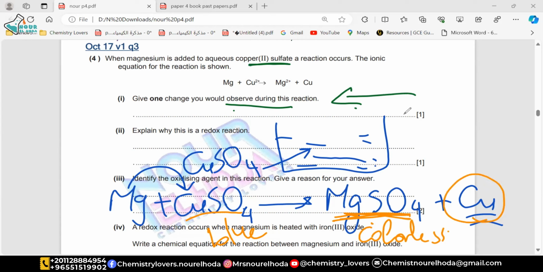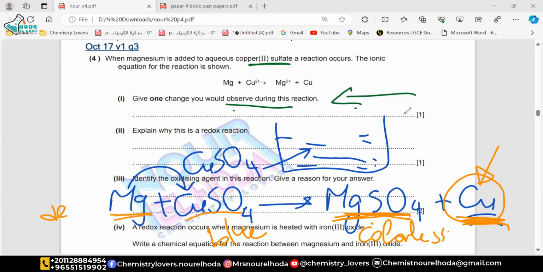Observation number 2: copper as a metal is going to be formed. What's the color of the copper? It's a pink brown substance. So I'm going to find a brown solid or pink brown solid formed. Number 3: I put magnesium at the beginning, and at the end it is going to be smaller in size, so it decreases in size.